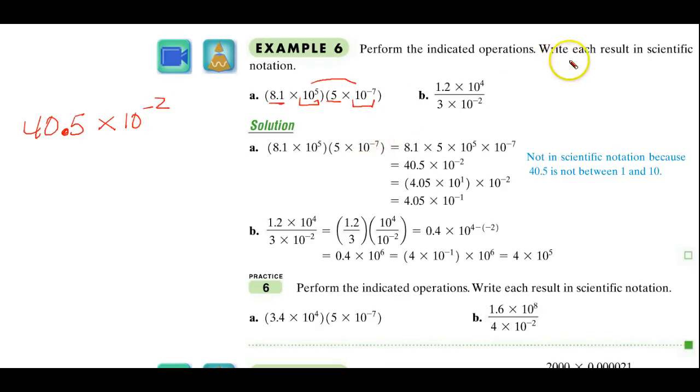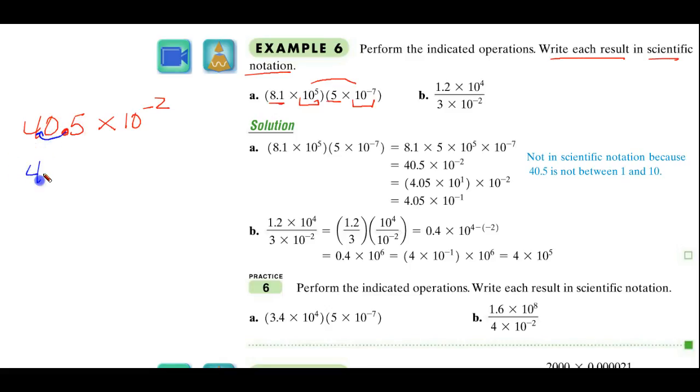Now, they want us to write our results in scientific notation. You might say, oh, we are in scientific notation. There's a number and there's times powers of 10. And the answer is no, because this number is not between 1 and 10. So what we have to do there is move the decimal place over.